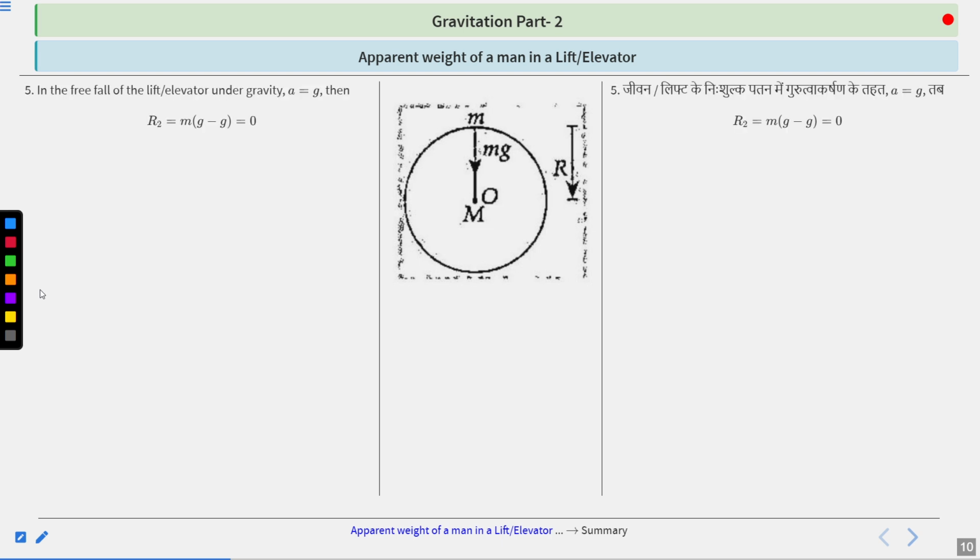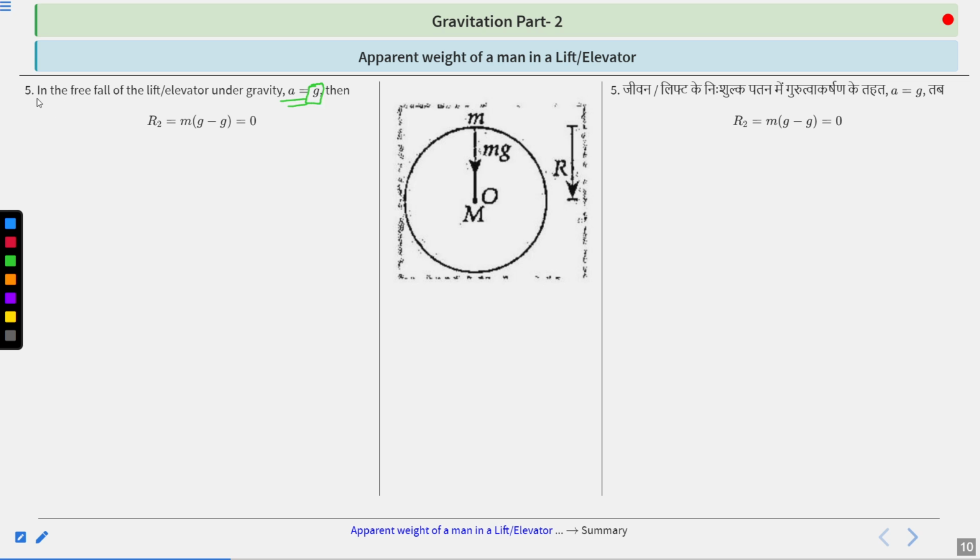Now, the fifth case is the free fall of the lift under the influence of gravity, which means acceleration is equal to the acceleration due to gravity. If you identify this small g, what we came across in the previous lecture, small g denotes the acceleration due to gravity and capital G denotes the universal gravitational constant. Okay.